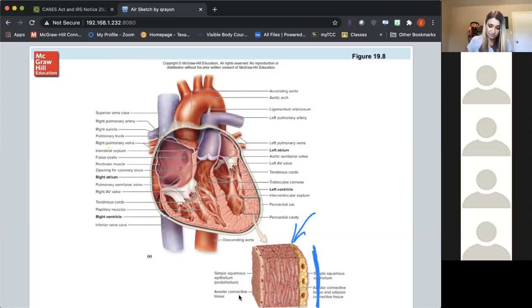And you don't have to use these colors. I'm just using something. And something like this. Okay, so just 2 more layers need to be there that are separated by a cavity there. And you will label this space as pericardial cavity.